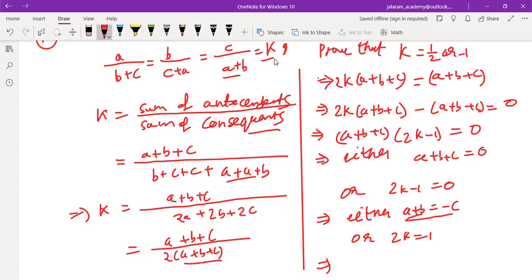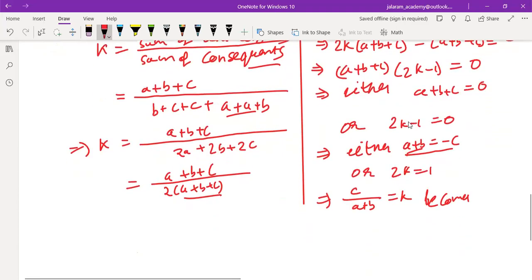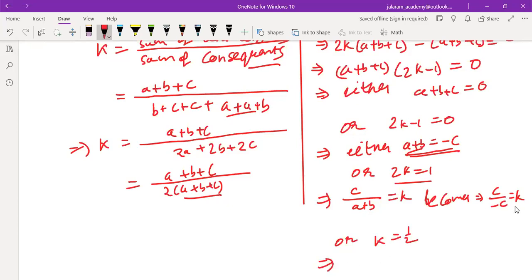So this is C upon A plus B equals to K. If we take A plus B equals to minus C in this, it becomes C upon minus C equals to K. It implies K equals to C by minus C is minus 1, or K equals to half.